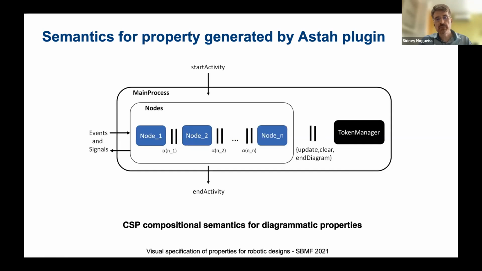This is a compositional semantics, so you can use any combination of elements in the diagram. We have only some restrictions on the stereotypes that we have created: they cannot be applied in any place, but only in some specific places. But it's a compositional semantics, and we define it for each element of the notation.